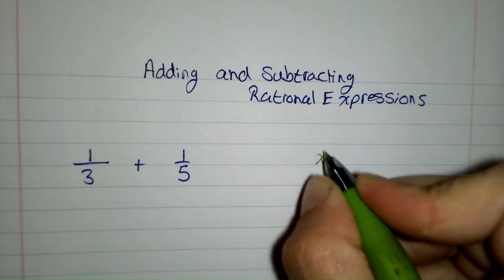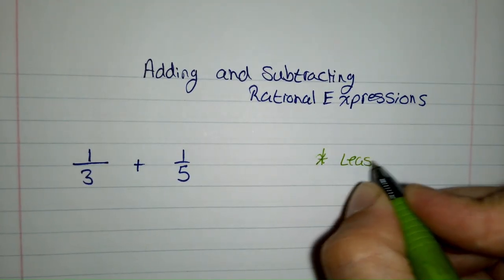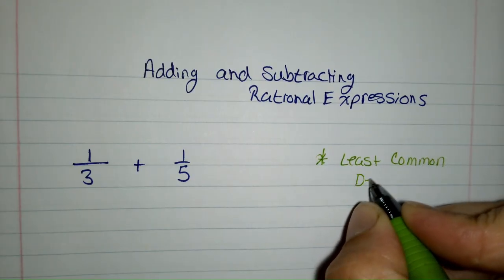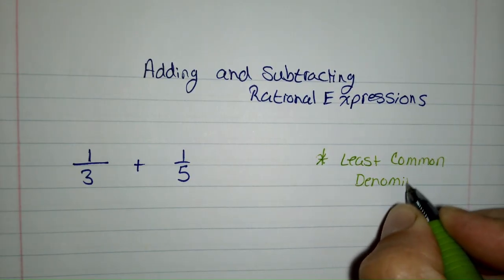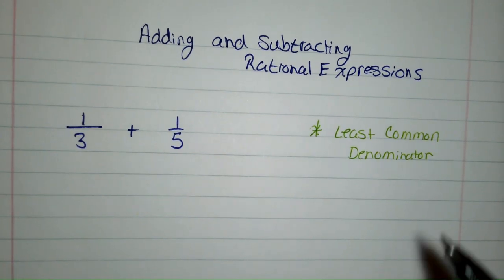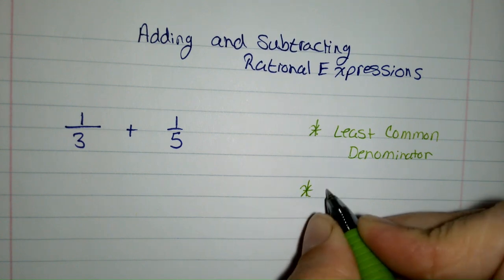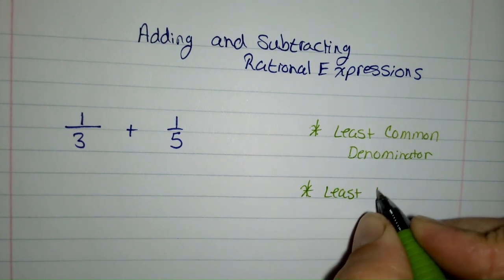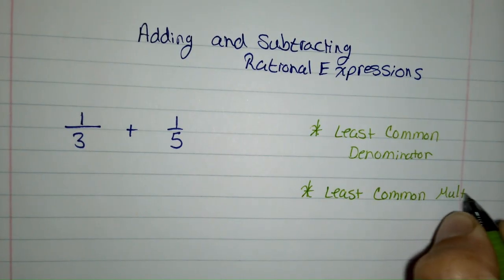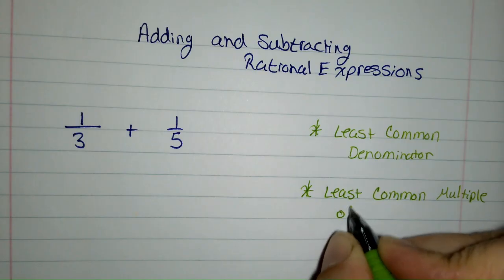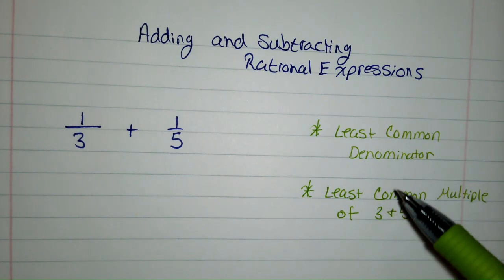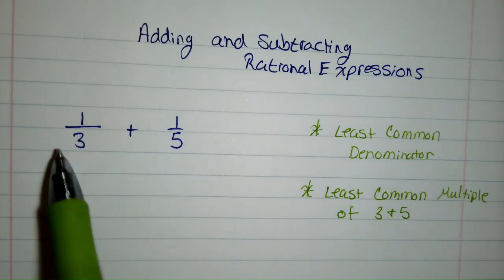So you used to have to find the least common denominator as your first step. Well, the least common denominator is the least common multiple of 3 and 5. So least common denominator and least common multiple, basically take your denominators.